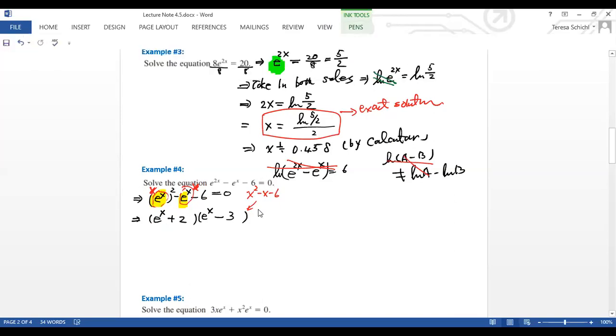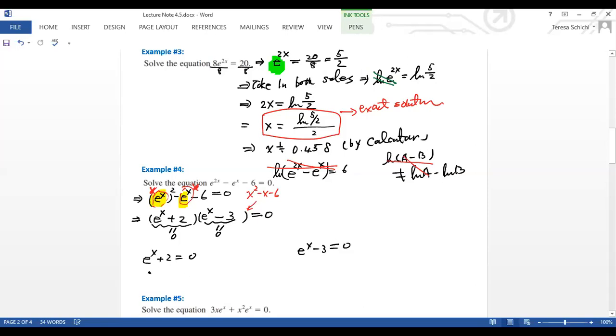Okay, so now after that, you set it equal to 0. If this is equal to 0, that means this number equal to 0, or this number equal to 0. So e^x plus 2 equal to 0, or e^x minus 3 equal to 0.